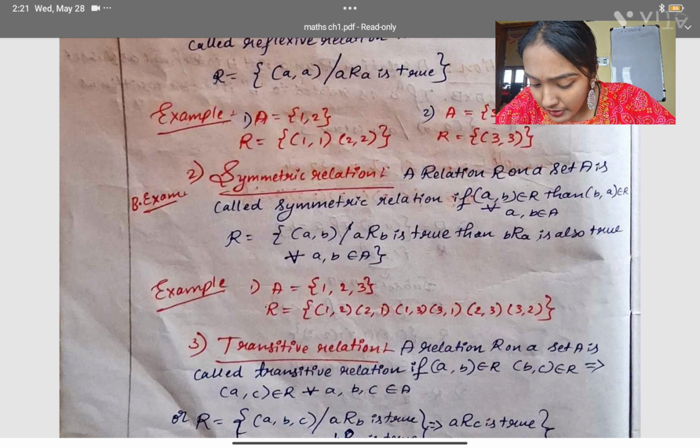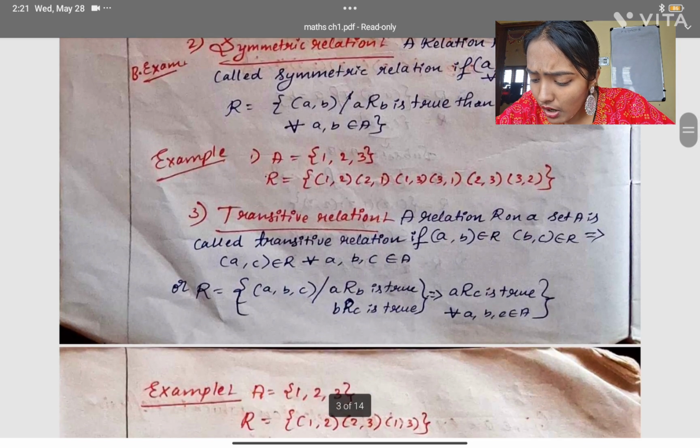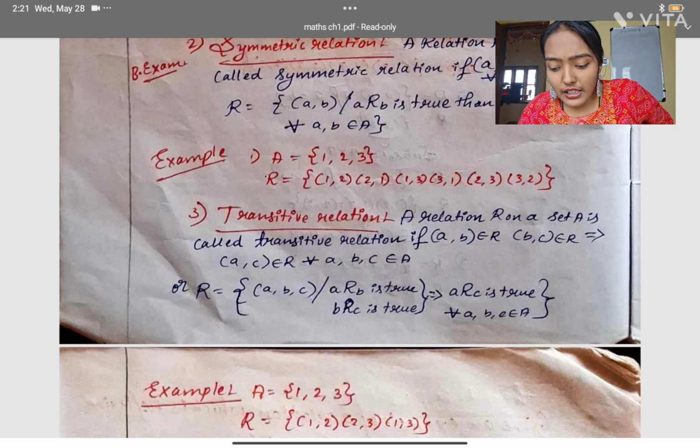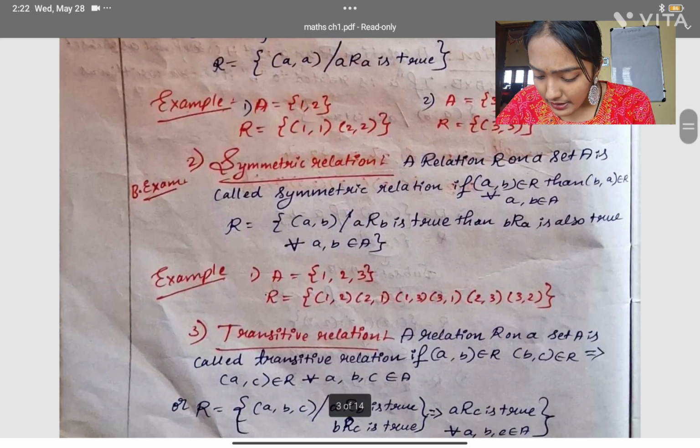Transitive relation. A relation R on a set A is called a transitive relation if (a, b) belongs to R and (b, c) belongs to R, then (a, c) belongs to R, for all a, b, c belonging to the main set A. As in the symmetric relation, the (a, b) means the subset relations.